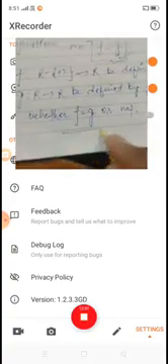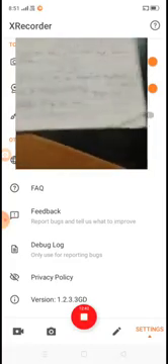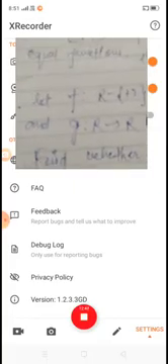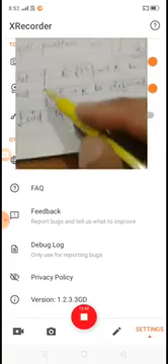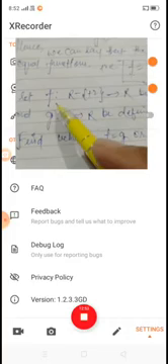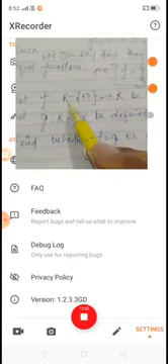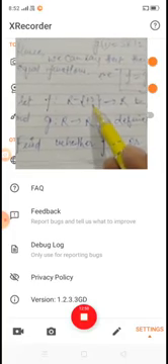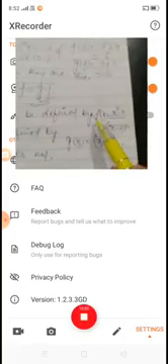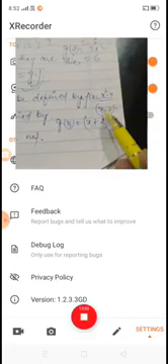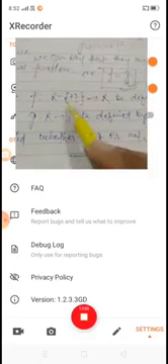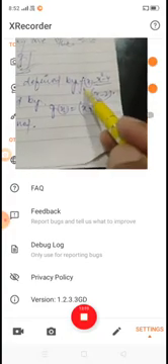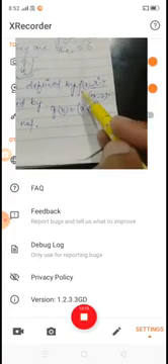Here R minus {2} means if we put x is equal to 2, then f of x is undefined, it is not defined.